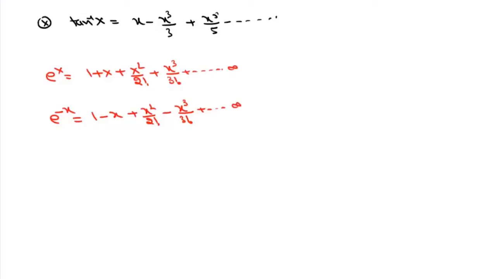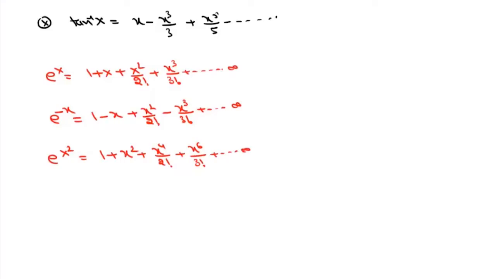Or suppose we have to find the expansion of e to the power x square. Here we'll replace x with x square, so it'll be 1 plus x square plus x to the power 4 upon factorial 2 plus x to the power 6 upon factorial 3 up to infinite.